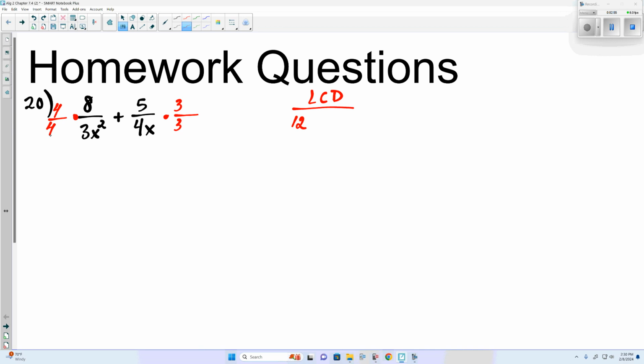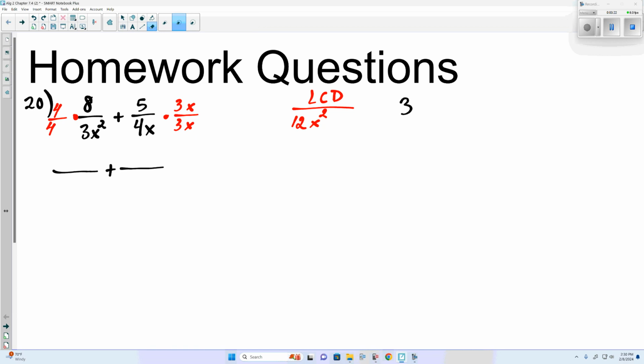X squared and x, well, our least common denominator would be x squared. So to turn 4x into 12x squared, we need to multiply it by 3x. To get 3x squared to be 12x, we need to just multiply it by 4. Find the least common denominator. It's really the first number that's going to make them be the same.